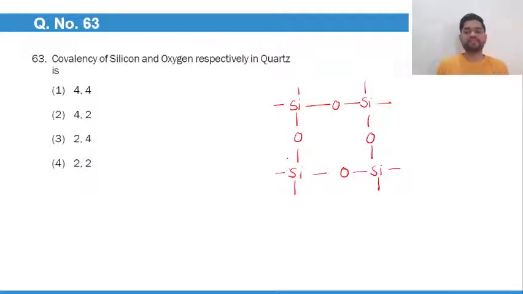This is one structure of quartz. If you see, silicon can bond with 4, that means its covalency is 4. Oxygen is bonded to only 2 silicon atoms, whereas silicon is bonded to 4 oxygen atoms. So it is 4 and 2, and the best option is option number 2.